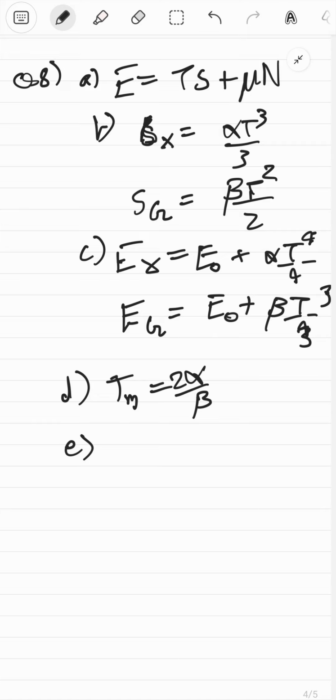Then we want to compute the latent heat in terms of alpha and beta. Once again, both are to be used somehow. No, I don't understand. So at that point there is supposed to be equilibrium between all three of these phases, right?